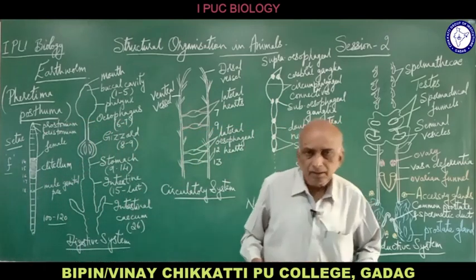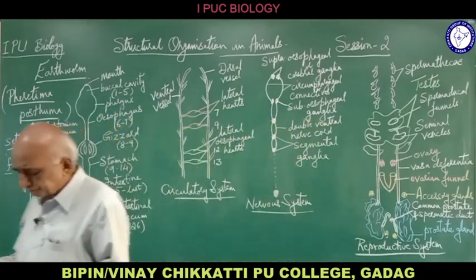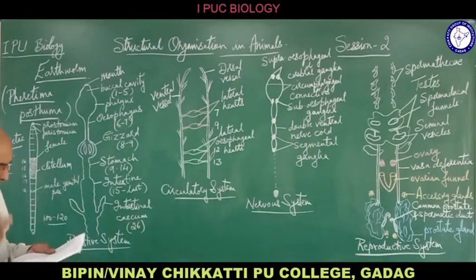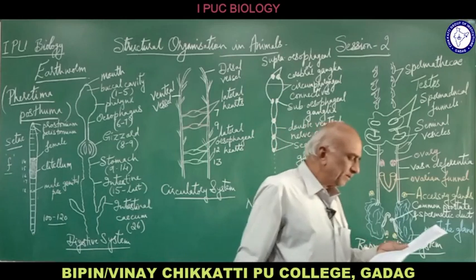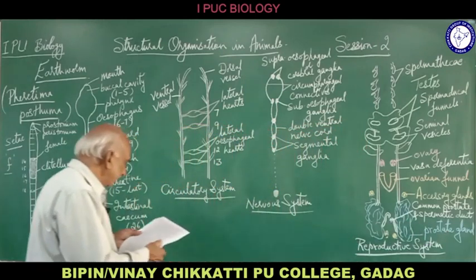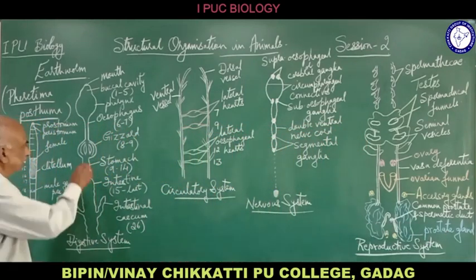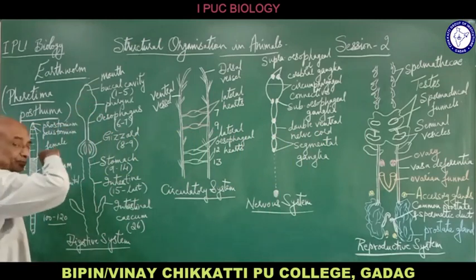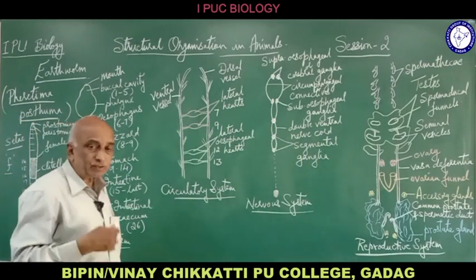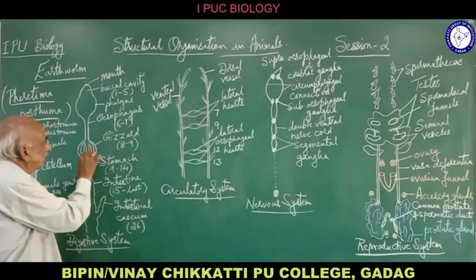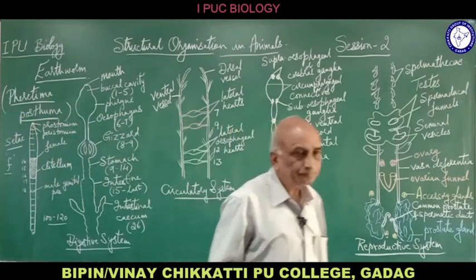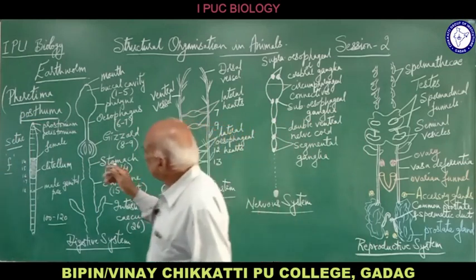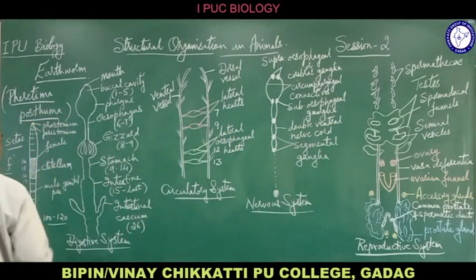This gizzard helps in grinding the soil particles and also the decaying leaves. Whatever food is taken, that is the decaying leaves or soil particles, is ground into fine powder in the gizzard. That is characteristic of this earthworm.